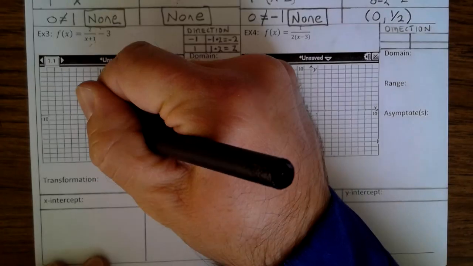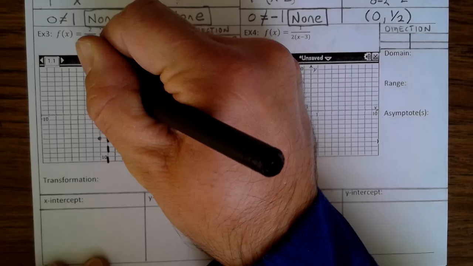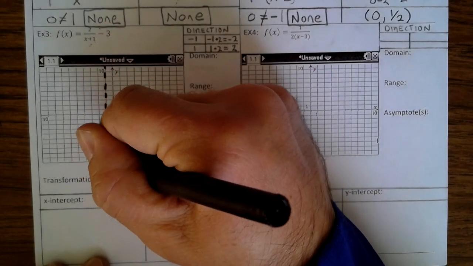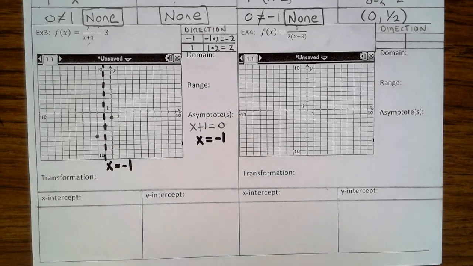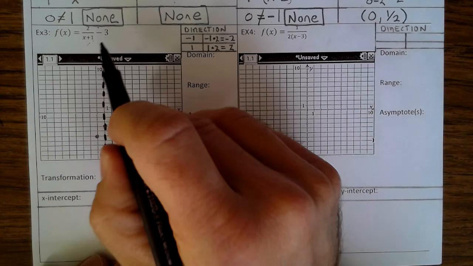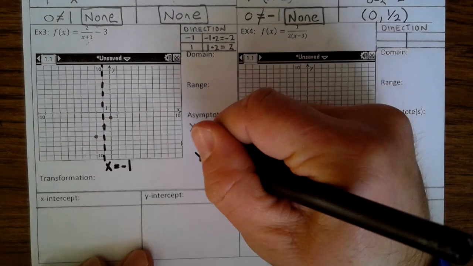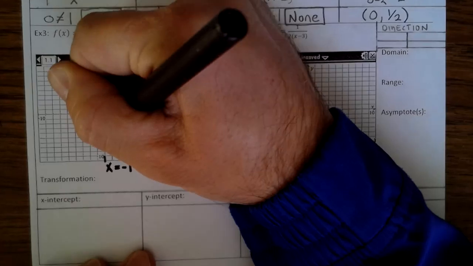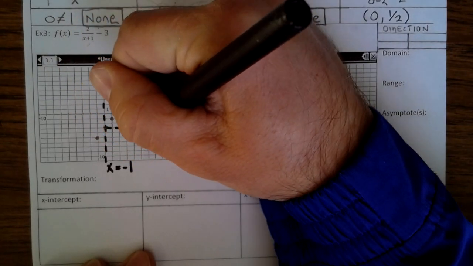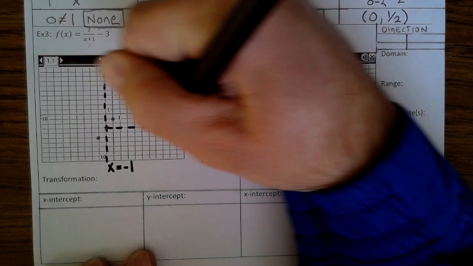And then our horizontal asymptote is at y equals negative 3. So negative 1, 2, 3. Once we have the asymptotes graphed, we draw our curve.